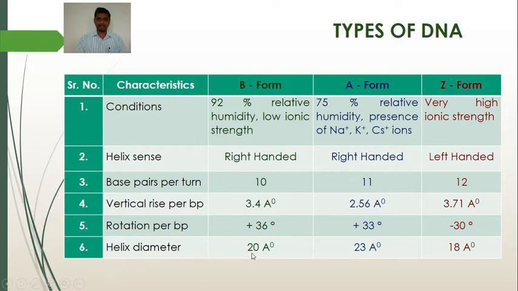Helix diameter in the B form is 20 angstrom, for the A form it is 23 angstrom and in the Z form it is 18 angstrom. So these are the various differences between the types of the DNA, that is B form, A form and Z form. So this is all for today.